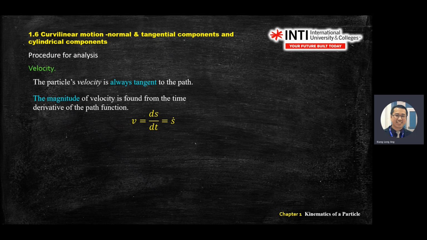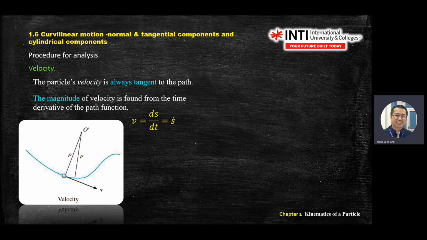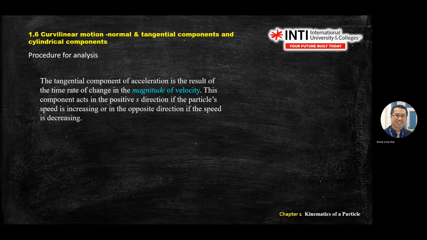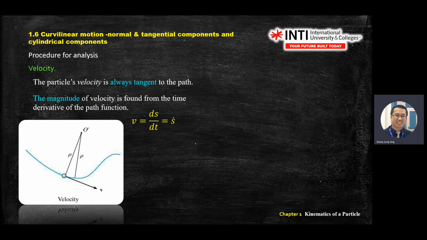So for magnitude, velocity, you use v equal to ds/dt, or s dot. Then the velocity, if this velocity changes with time, becomes acceleration.